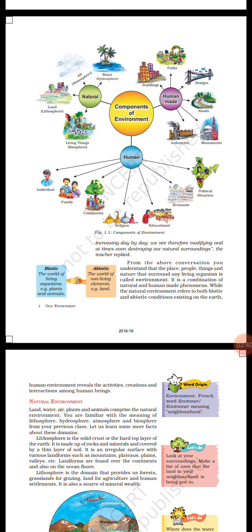Lithosphere, atmosphere, hydrosphere and biosphere are the four domains of the natural environment.